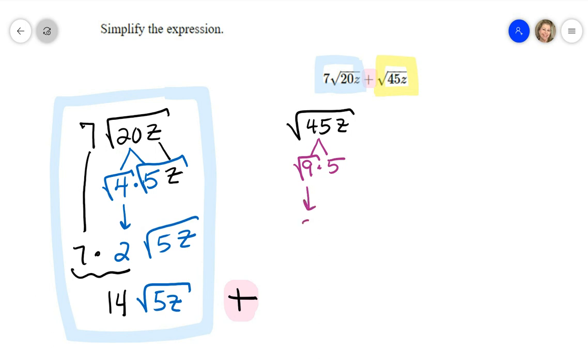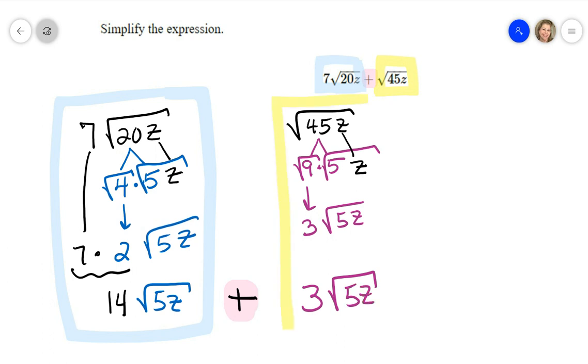The square root of 9 is 3. I cannot take the square root of 5. And this z is still under the radical also. You can't take the square root of him either because he doesn't have an even exponent. So I've still got this square root of 5z here. So I've got 14 square roots of 5z and then 3 square roots of 5z. I took all this and simplified it.